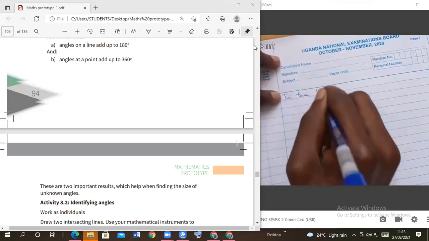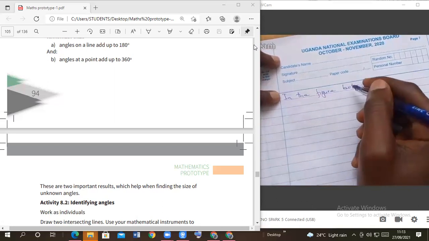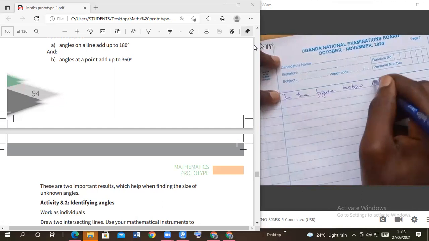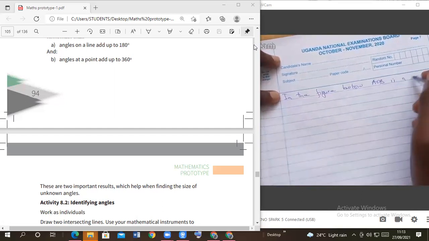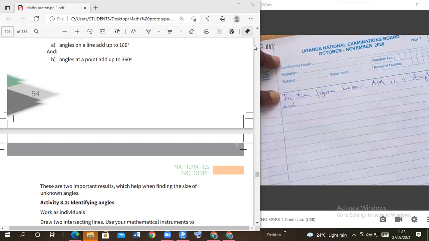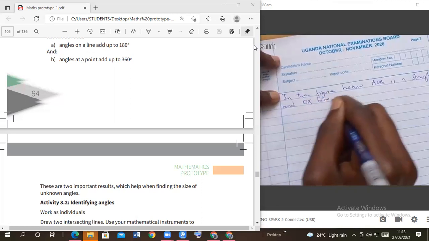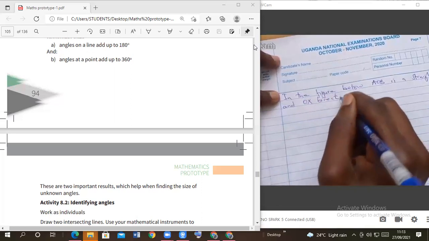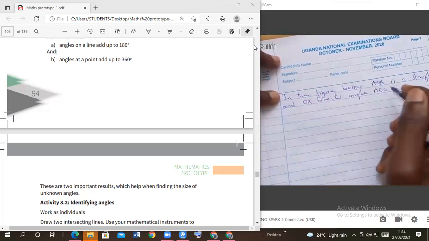Let's say, in the figure below, AOB is a straight line, and OX bisects angle AOC.